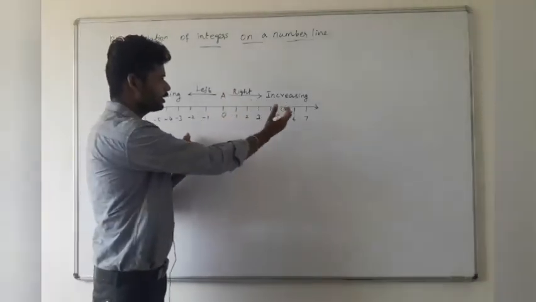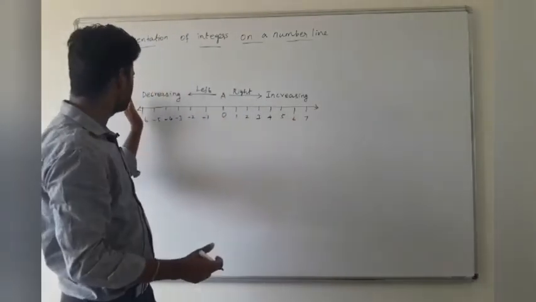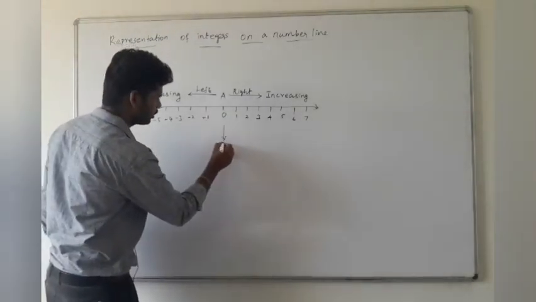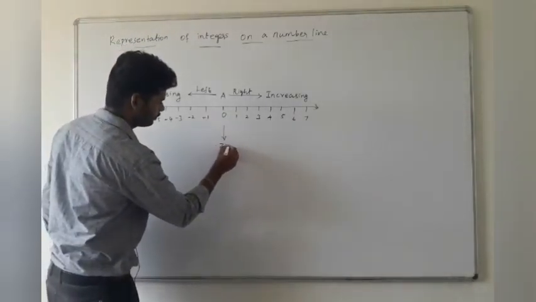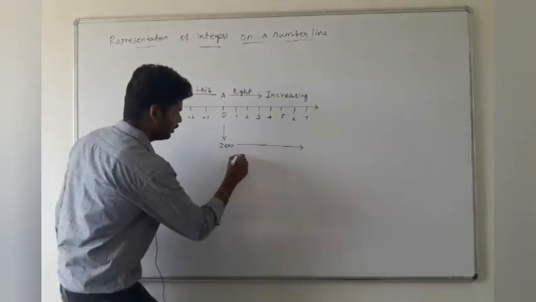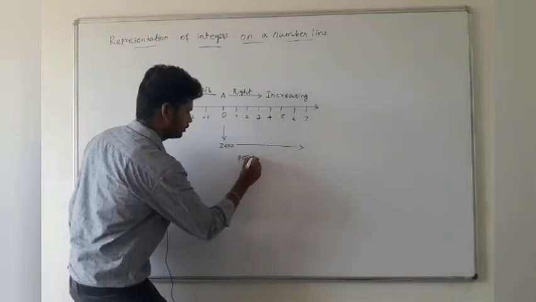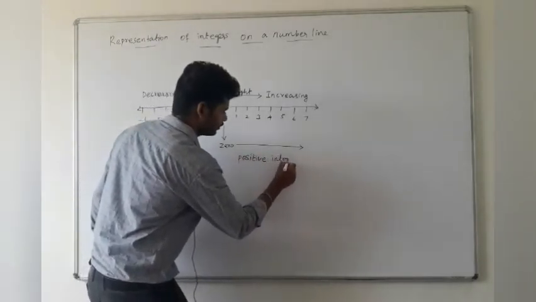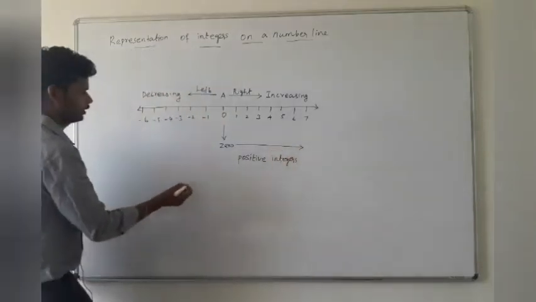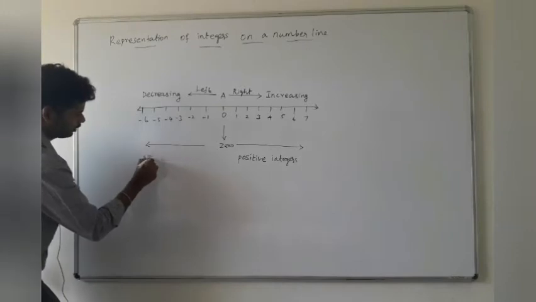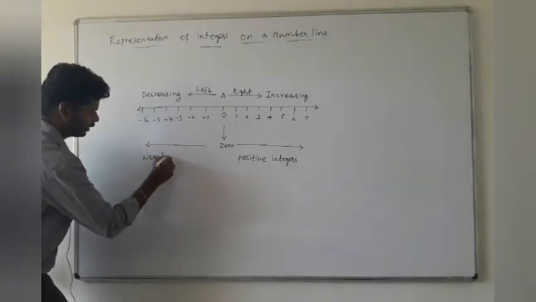Right hand side is fully increasing order, left hand side is fully decreasing order. This one is point 0. This is fully positive integers. This side is negative integers.